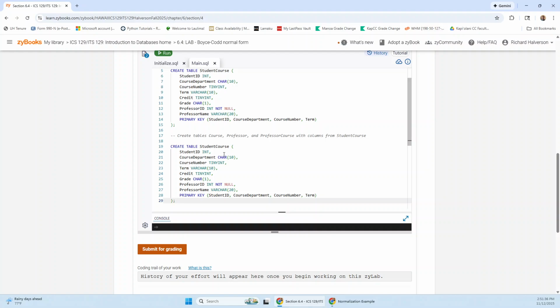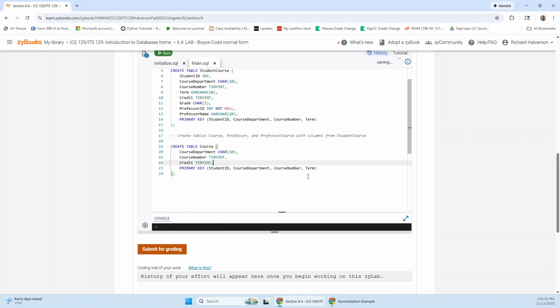So this is just the course table: course department, course number, and credit. And we don't need any of this. The primary key is course department and course number. So these are the primary keys, like this and like this. Okay, so that's course.